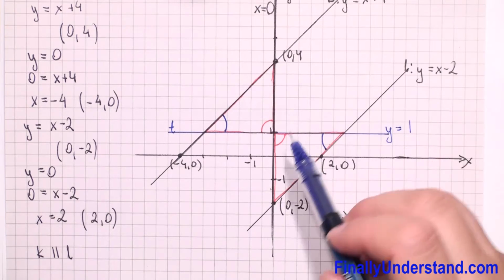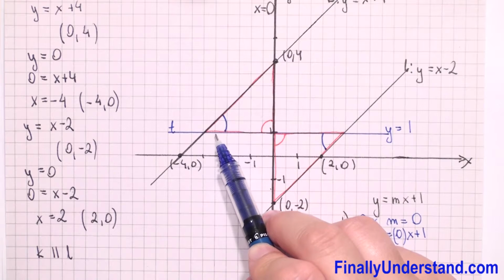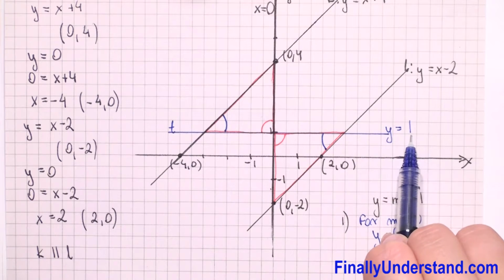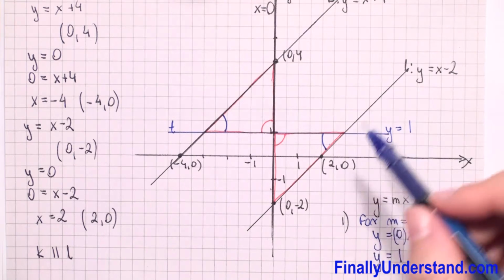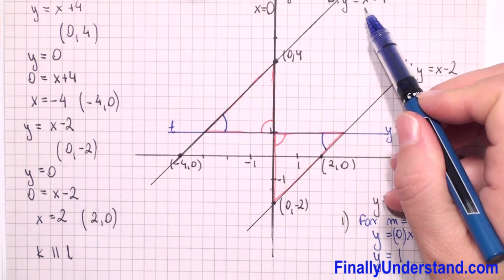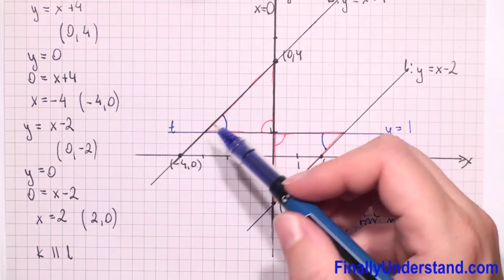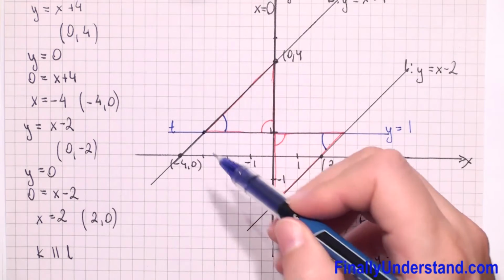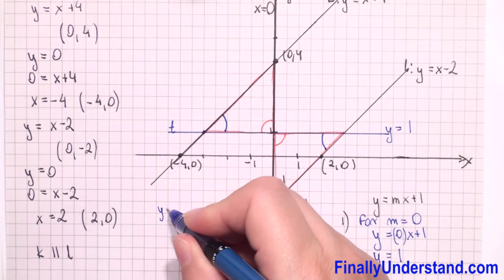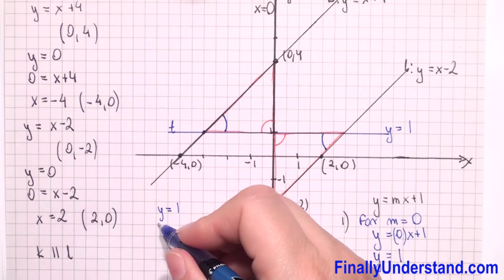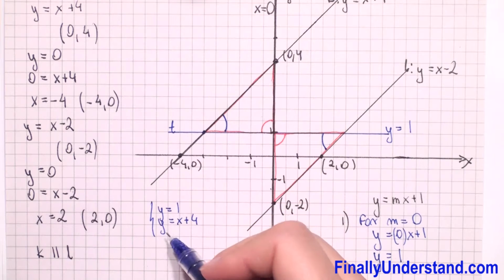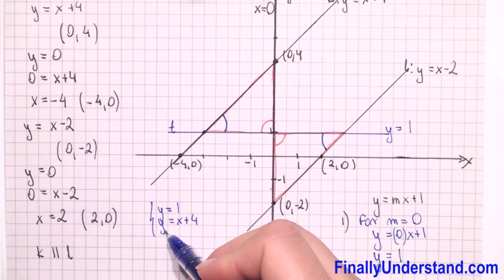So let's see our side between these 2 angles. For y equals 1, we find where our line passes y equals x plus 4. You can always solve the equation. For y equals 1, we have y is equal to x plus 4, so we substitute y by 1.